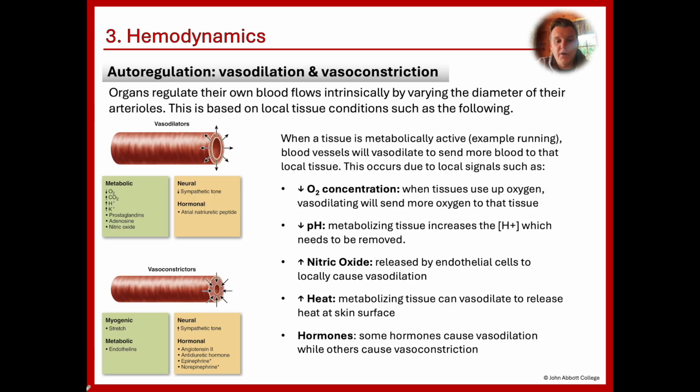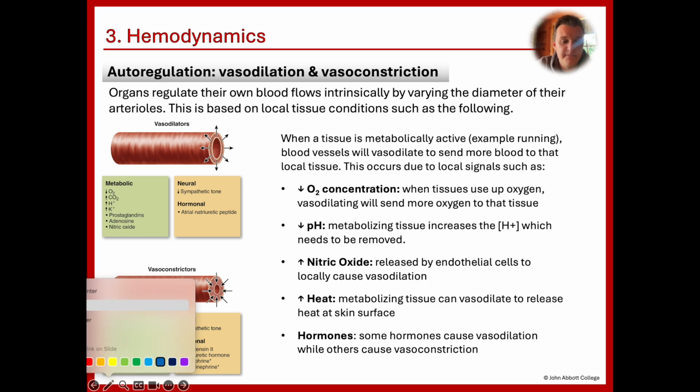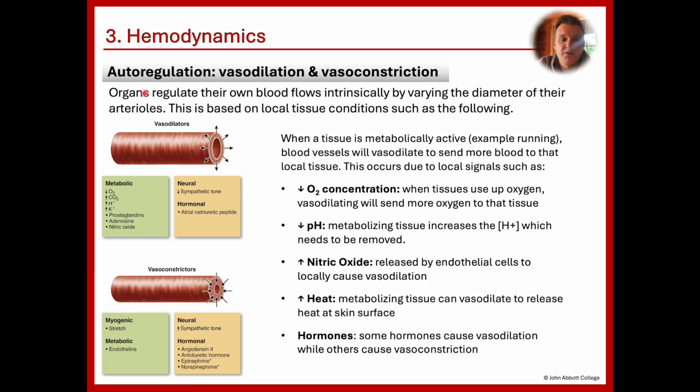And so one little note on this, okay, is that the blood vessels themselves do not generate the blood flow, right? The heart is creating a pressure and pushing it through. However, what the blood vessels can do is auto-regulate.